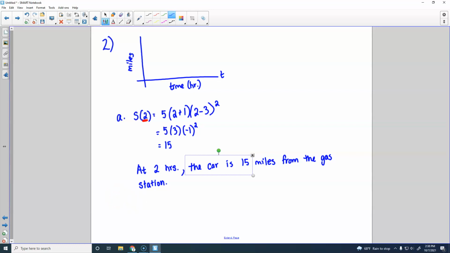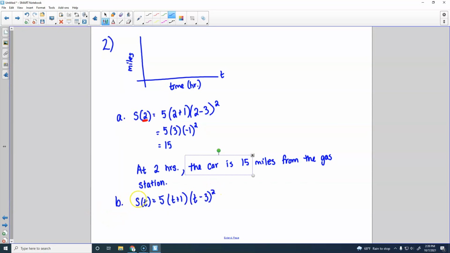Alright. But B, what does B ask us for? Okay, so first thing we've got to find if we want S prime of T is the derivative of S of T, but you don't know how to take the derivative of S of T as it is right now. So you need to expand it. We're just going to multiply it out.